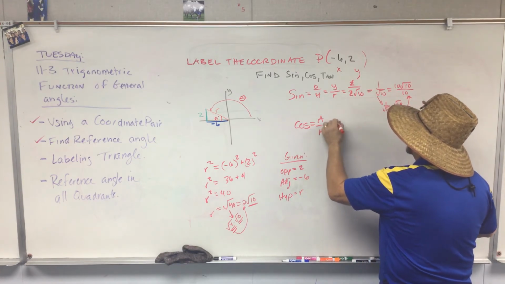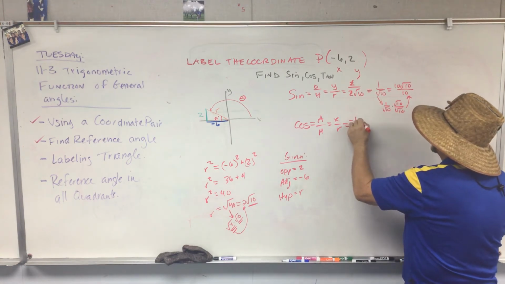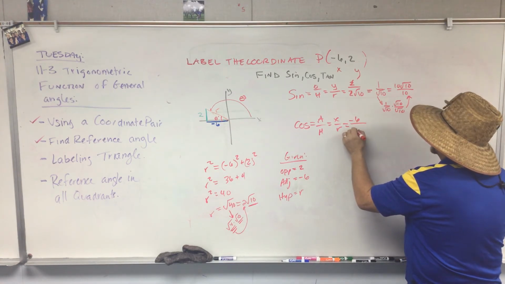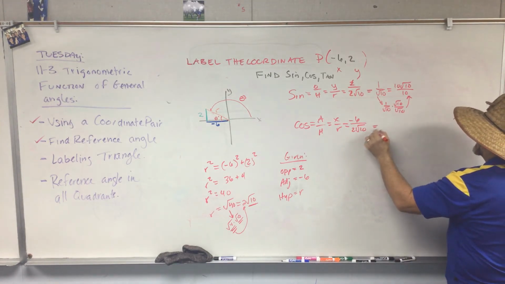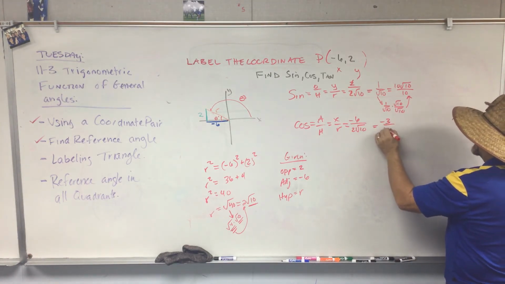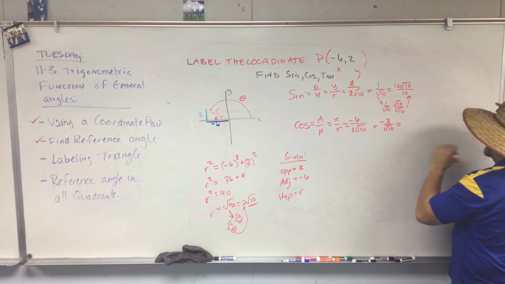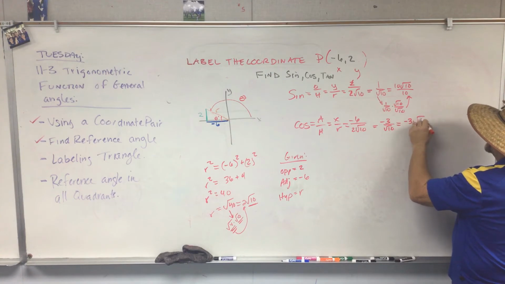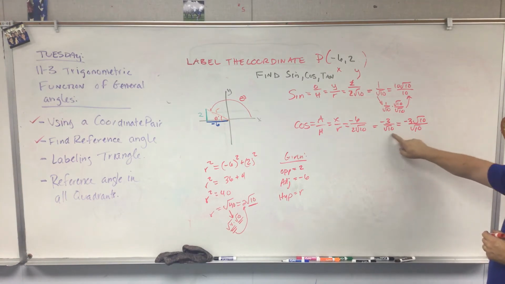Cosine is adjacent over hypotenuse, x over r, and that's going to be negative 6 over 2 root 10, which is going to be negative 3 over root 10. 2 goes into 6, and we end up with negative 3 over root 10. So either one. Remember, this is the way the book answers will have it.